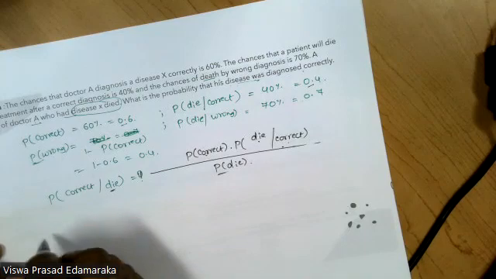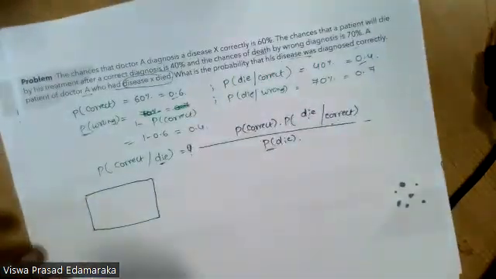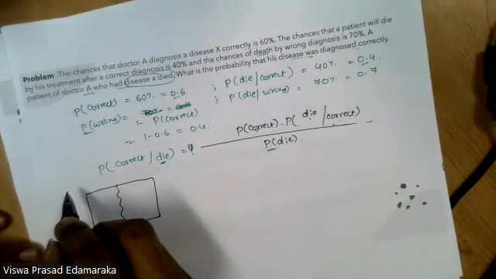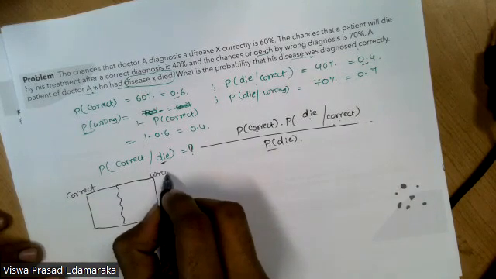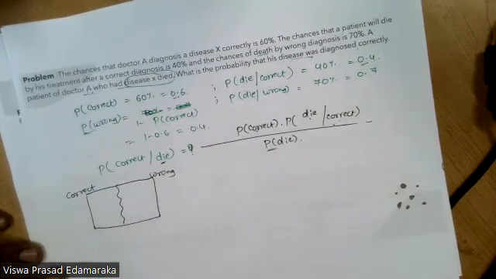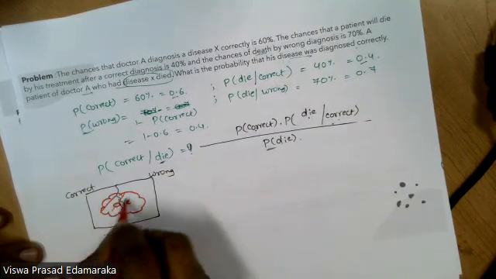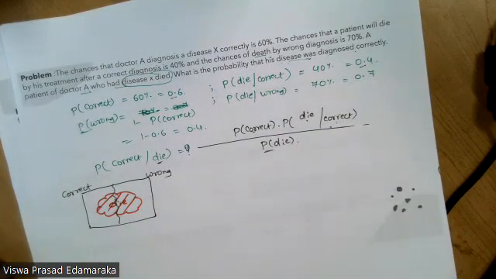As I said earlier, first draw a table, I mean a box. Correct, wrong, die. I need die.